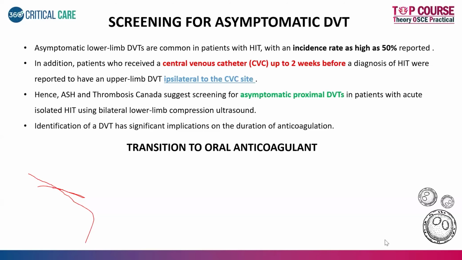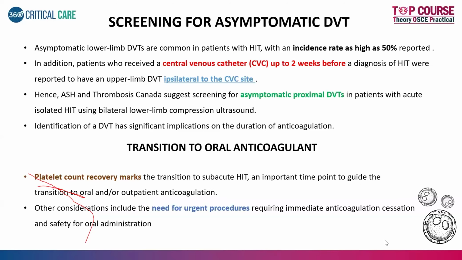So when do we transition to oral anticoagulation? A transition is always done when platelet count is recovered. So when you see that the platelet count is recovering, only then you can switch from IV to oral anticoagulant. Another thing is when the patient does not require any urgent procedures, even then you can think about transitioning from IV to oral.